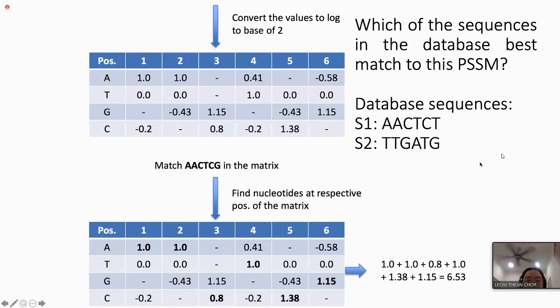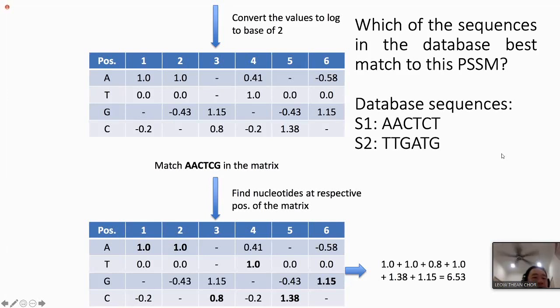Okay? So if you use the PSSM to search against a database with sequences S1 and S2, which of the sequences in the database best matches the PSSM here? Okay, this one you can think of the answer. Let's say one of the sequences in the database is AACTCG. Since the PSSM is in log format, you no need to multiply every single match value in order to get the final score.